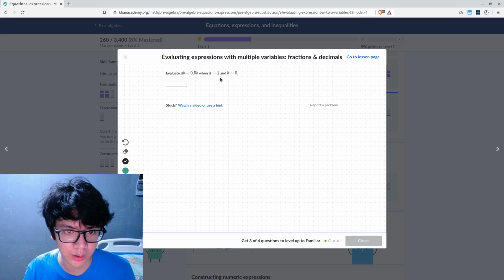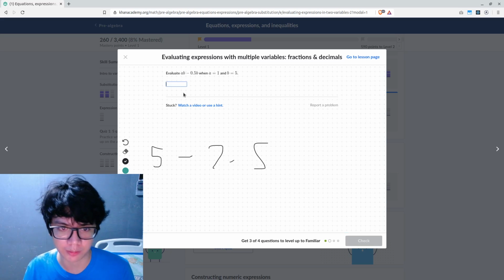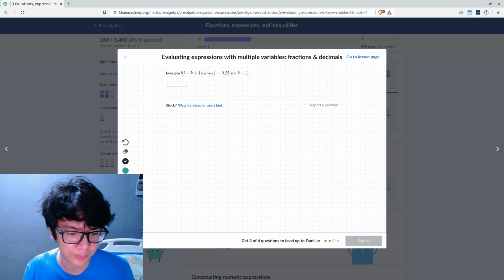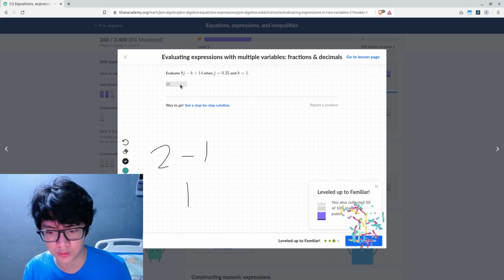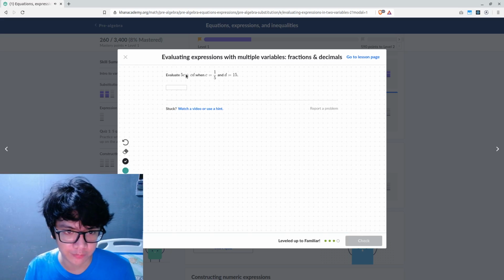AB, A is 1, B is 5, so 5 minus 0.5, B is 2.5, we get 2.5 still. 8J, J is 1/4, we get 2 minus 1, so you have 1 plus 14, 15. Now 5C, C is 1/5, so it's 1 plus CD, 3 I guess, 4.